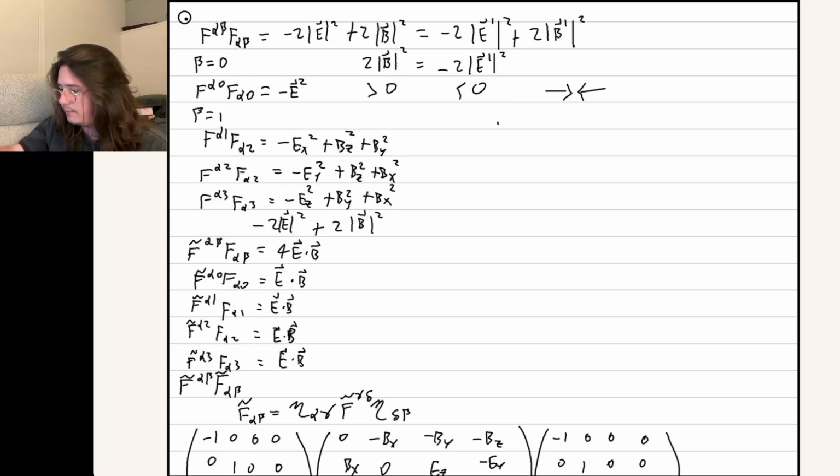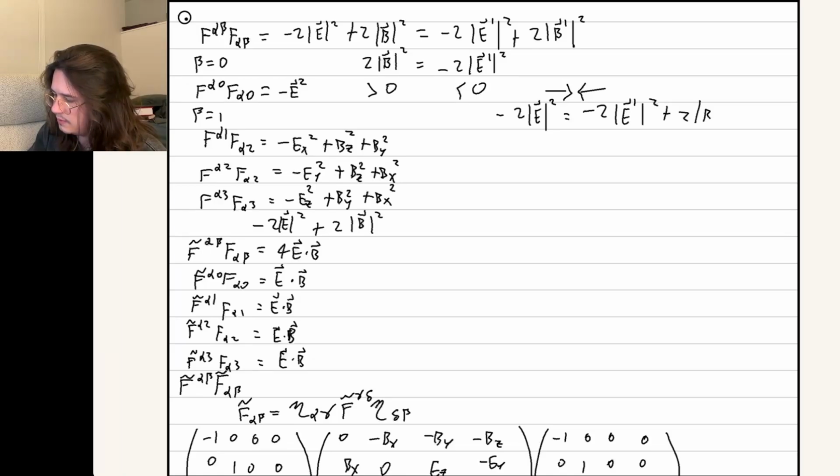And all I'm thinking about is this Lorentz invariant. So if it's entirely electric in one frame, then on the left-hand side we can write it like this. And on the right-hand side, we'll have minus 2 e prime squared plus 2 b prime squared.